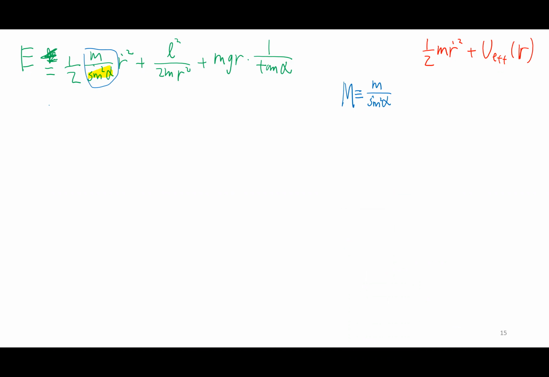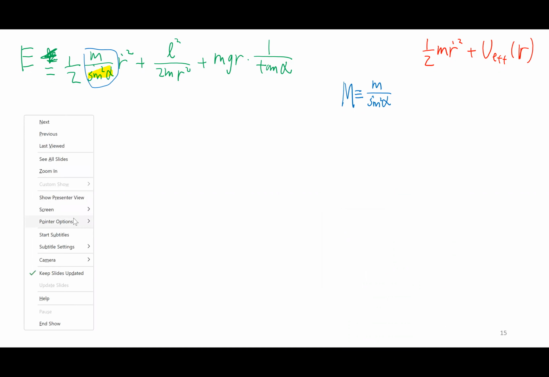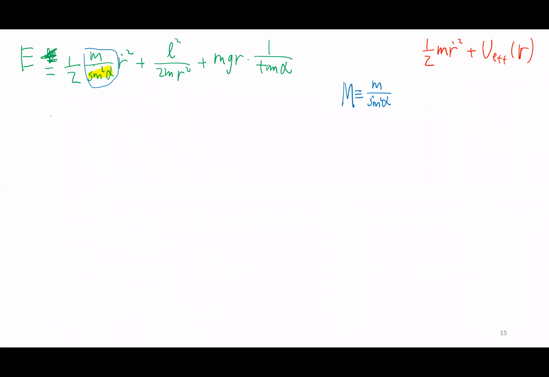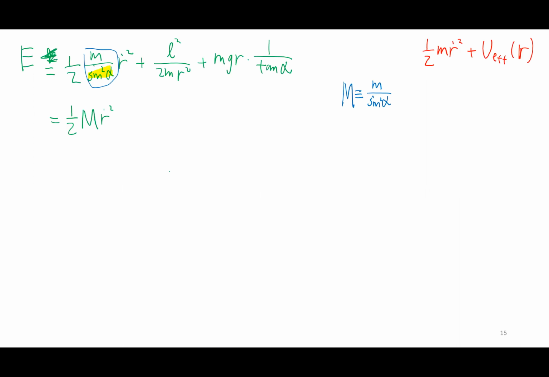So then the first term, I will be able to just write it as 1/2 capital M r dot square. And I also want to express the second and the third term in terms of capital M. So if I actually do that, then it would be the following.